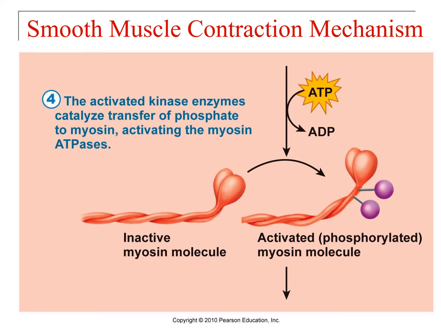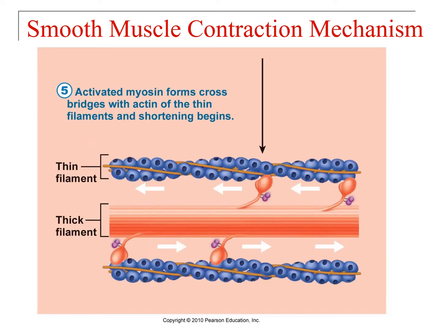They're ready for business. Now, notice about the thin filaments here, which have actin on them, that the binding sites are already open. There's no troponin and tropomyosin complex associated with the thin filaments here. So the thin filaments, not having tropomyosin cover them, are always open for business.